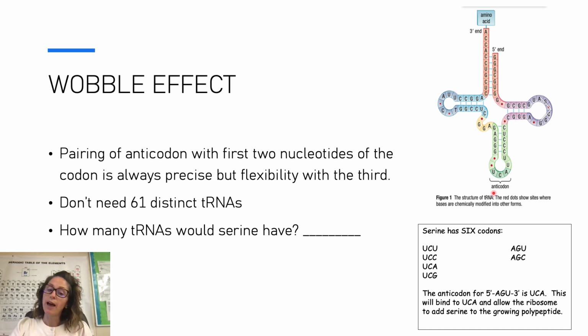So looking at that, how many tRNAs would serine have? 2. So 1 tRNA is going to bind any of these 4 sequences because the first 2 are the same. And then another tRNA is going to have to be specific to the first 2 of this codon, and then the third one, it doesn't matter so much. So you're going to have potentially 2 tRNA for this serine.